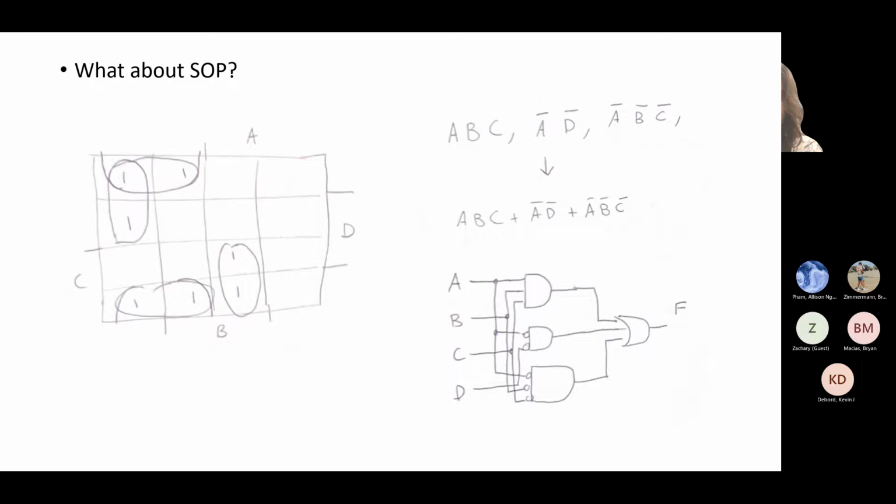So this right here represents the A, B, and C term where they're not inverted whatsoever. And this represents the A naught, B naught, C naught term, which all get ANDed together. And this AD inversion as well. And then they get ORed together with the OR gate at the end to give us our logical function.